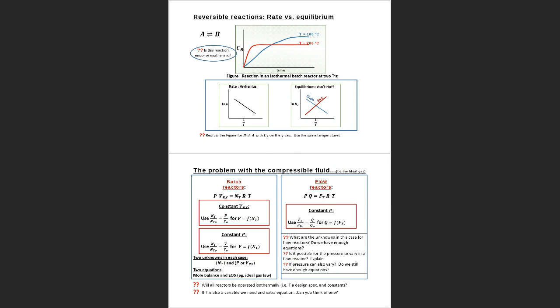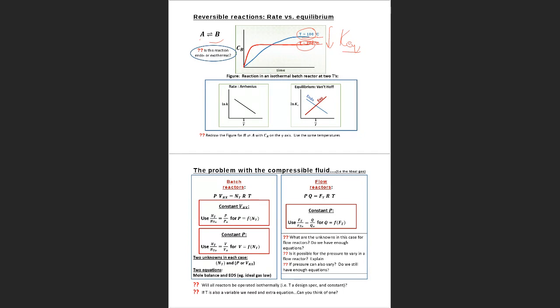So if I now add this reaction, is this exo or endothermic? This is obviously exothermic. Why? Because at higher temperatures, I get a lower K equilibrium value, van 't Hoff, and therefore a lower maximum conversion of reactants to products in my reactor.